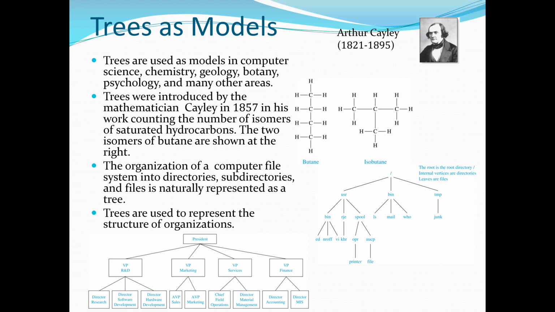Parents are at the top, children are down. The ancestors are at the top, the descendants are down. Ancestors and descendants of any species. So trees are used as models in computer science, and not only as models, but also as a data structure in computer science.